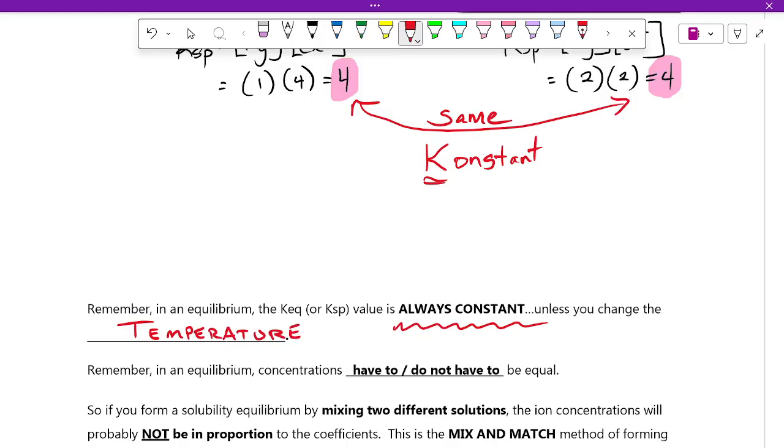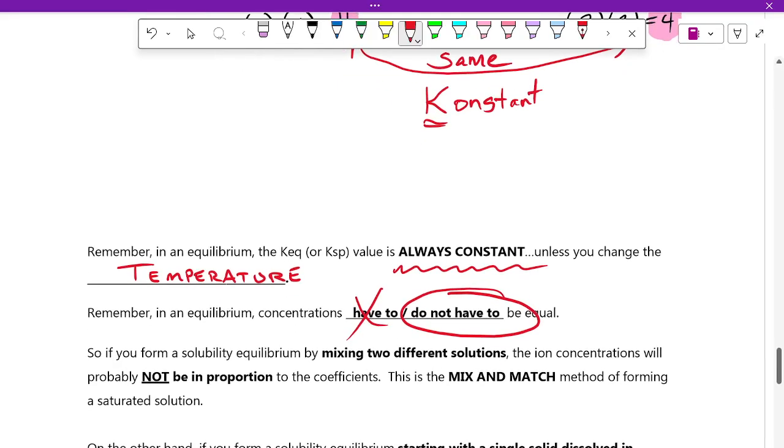Remember, in an equilibrium, do concentrations have to or not have to be equal? Concentrations, do they have to be equal or do they not have to be equal? They do not have to be equal. So if you form a solubility equilibrium by mixing two different solutions, this is a mix and match type problem.